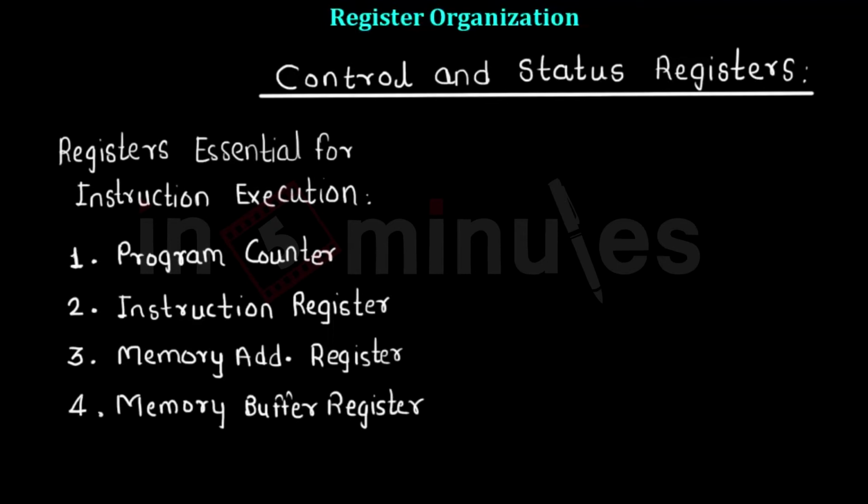Then we have the memory buffer register, which contains the data from the memory read operation that is to be transferred to the CPU. So these are the registers which are going to be frequently used during instruction execution, and these are the essential, must-be-present registers for the CPU operation.